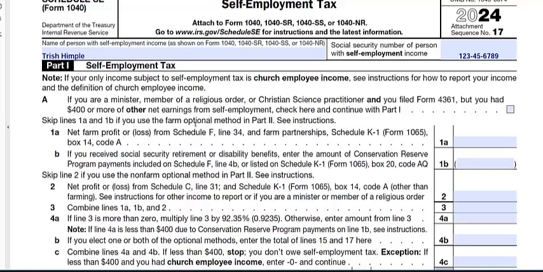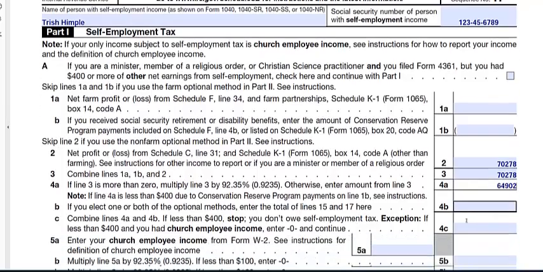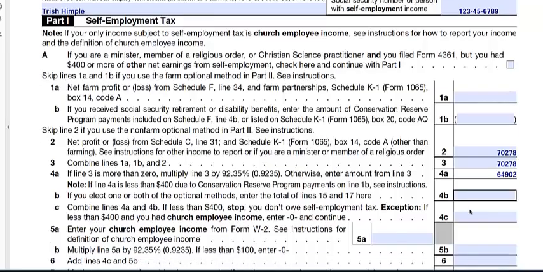Okay, so line 2 is the $70,278 from Schedule C. We'll bring that on down because there's nothing on lines 1A or B. In line 4A, we multiply line 3 times 92.35%, and we'll get 64,902. 4B does not apply, so 4C will be the 64,902.